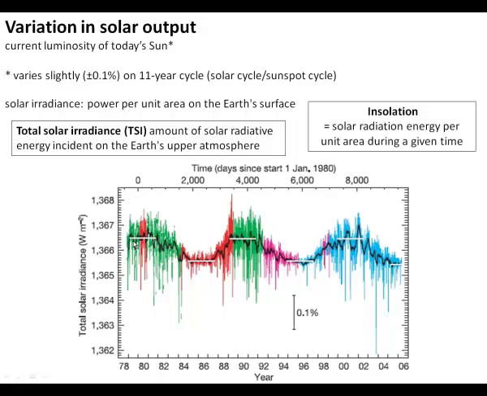So what you can see here, total solar irradiance is higher here, and then it drops in this interval, increases again, but these values are fluctuating on the order of at most 0.1% of the total luminosity today.